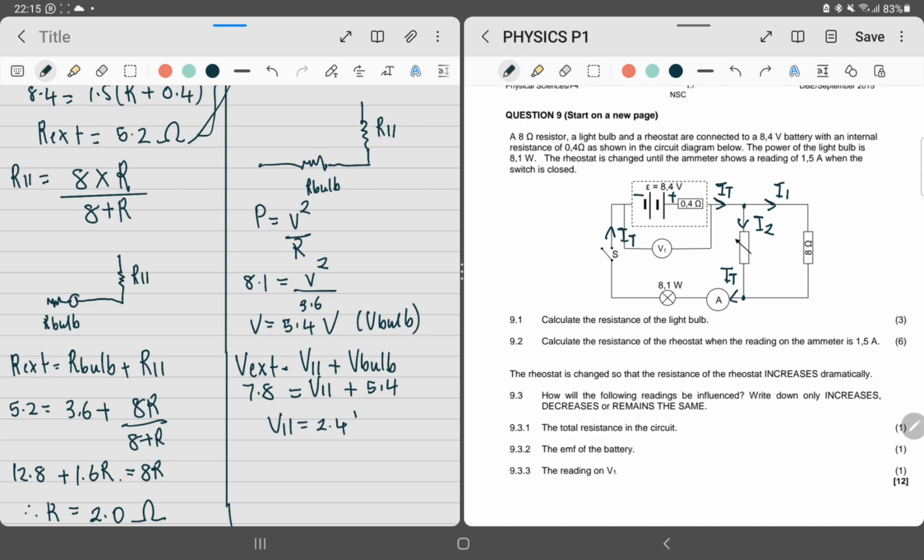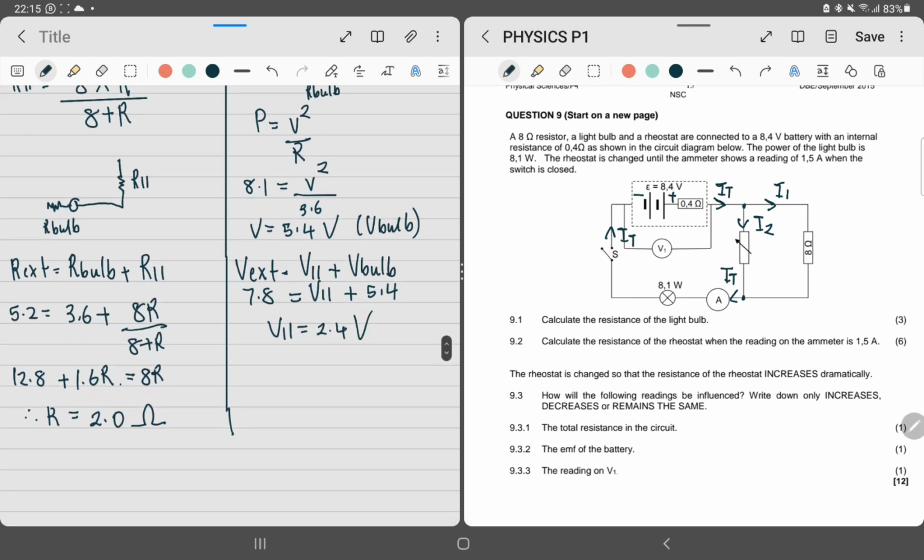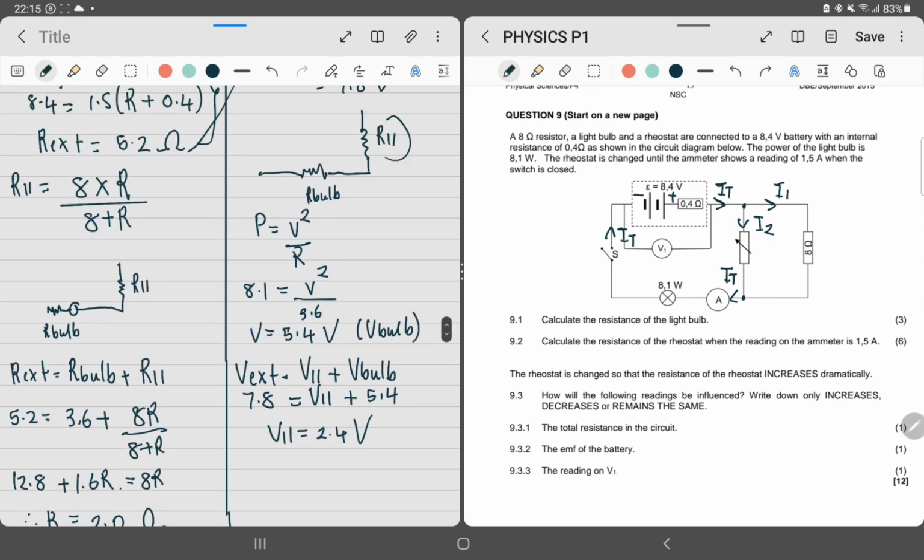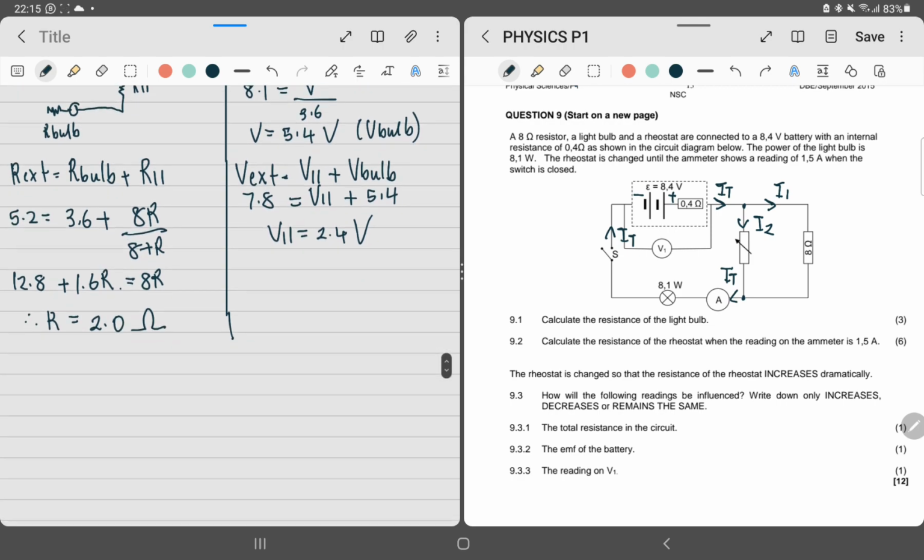So that's 2.4 volts. So now we have the potential difference measured across the ends of R parallel. So we can find R. So we'll say R parallel should be equal to the voltage through the parallel combination all over the total current.